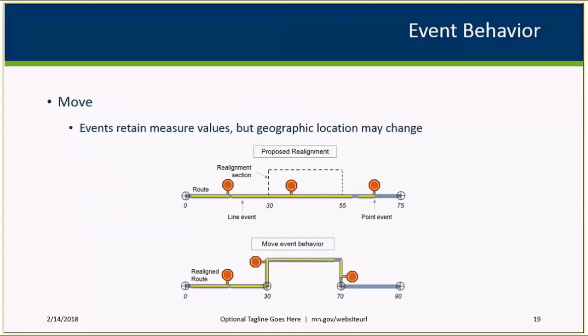A little bit more in depth into each type of event behavior. For the move behavior, the measures of the event are preserved, but the geographic location may change. After we do a realignment, the event may move, but the measures will stay exactly the same, even if it goes onto the realigned area.